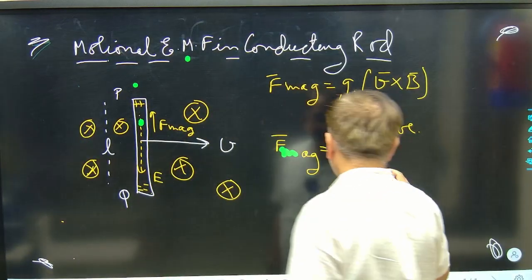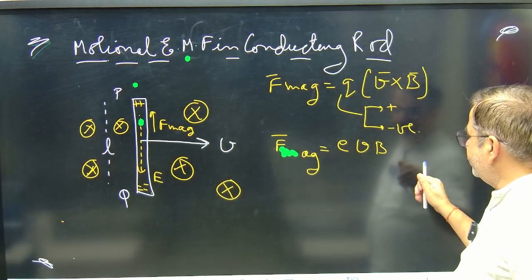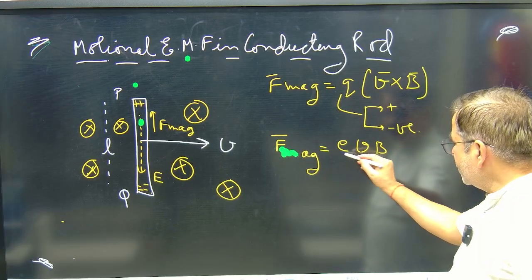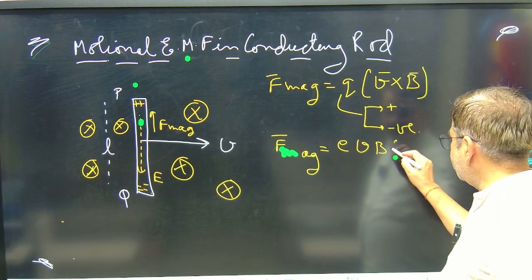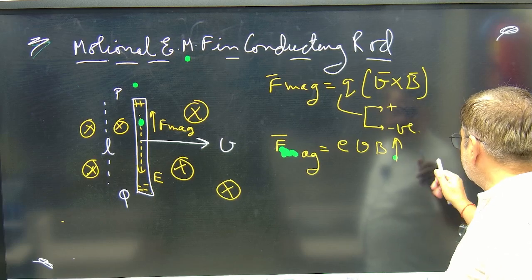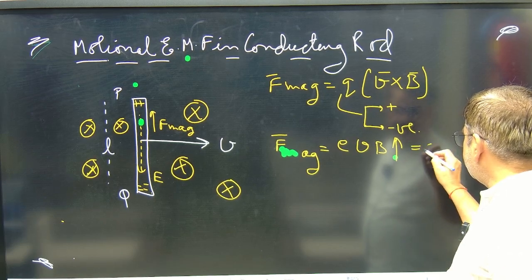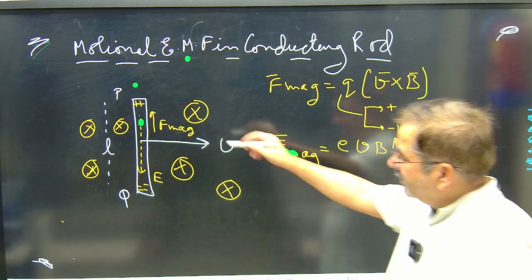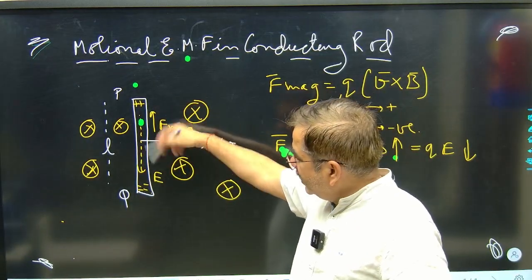Initially, these charges, they will get separated, and a stage will happen once this e V cross B, which is acting upward on the rod, it will be balanced by electric force qE downward. Means once the charges are getting separated, some field will be developed.